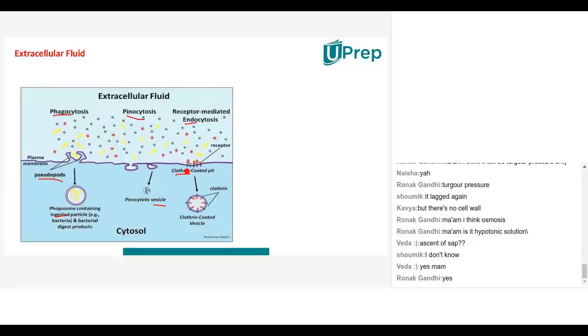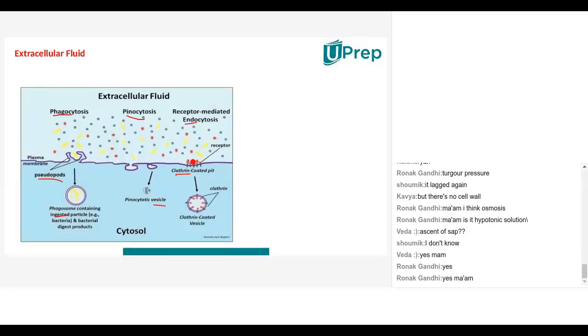So here the receptors will accept some molecules and they will push the outside extracellular molecules through the receptors into the cell in the formation of vesicles again. A vesicle is nothing but a bubbled off part of the plasma membrane. Like this.